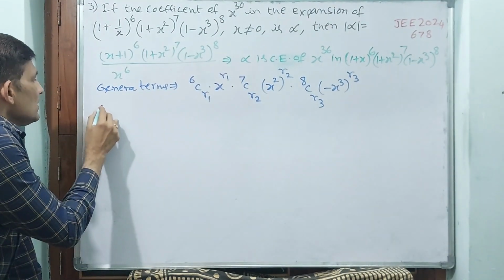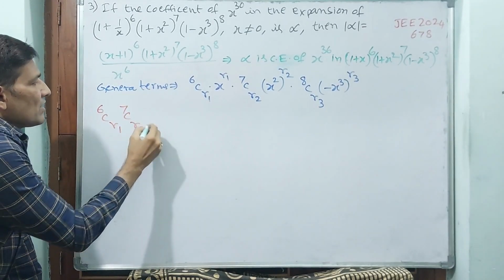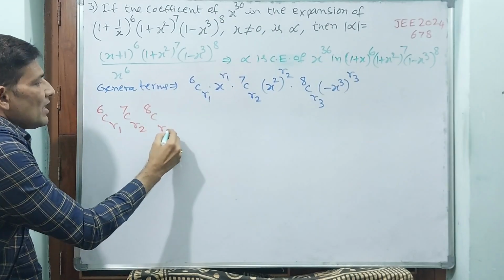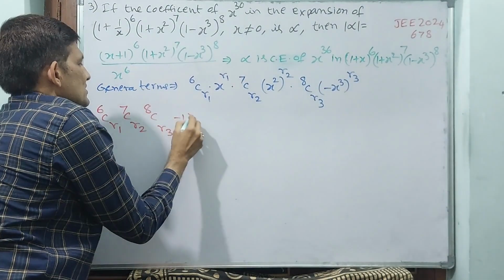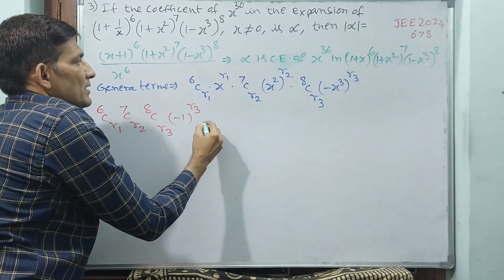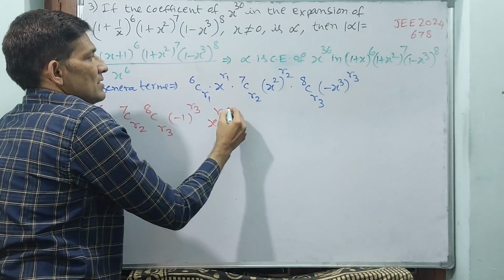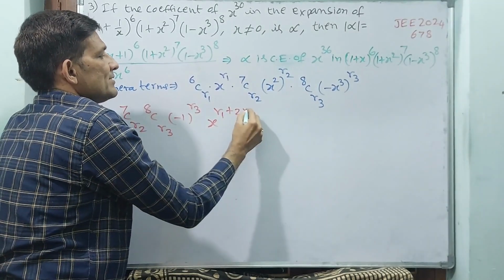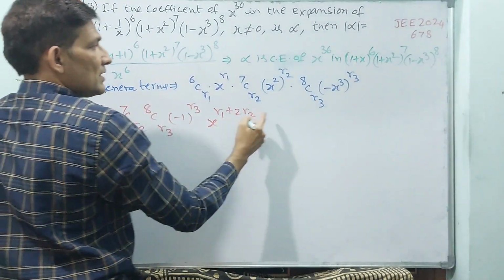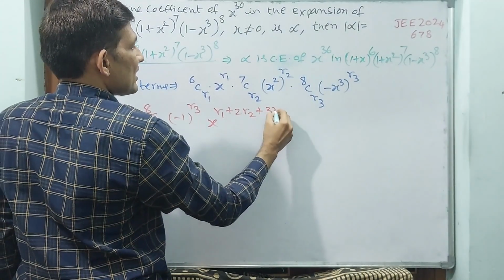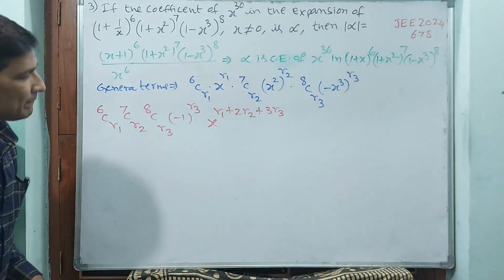Now you see 6C r1, 7C r2, 8C r3, and minus 1 power r3 afterwards. Now x power I am writing r1 plus 2 r2, and the minus I have already taken as minus 1 power r3, directly I am writing 3 r3. Is it okay now?